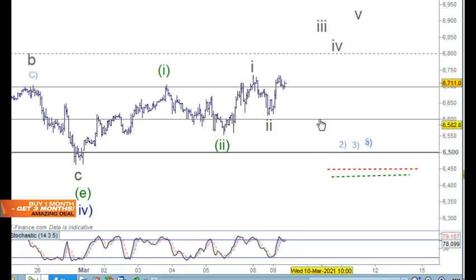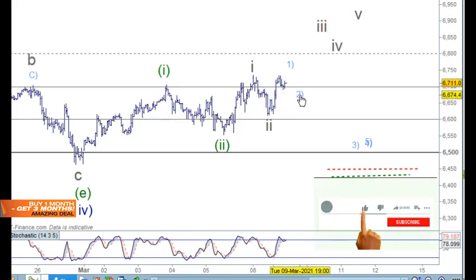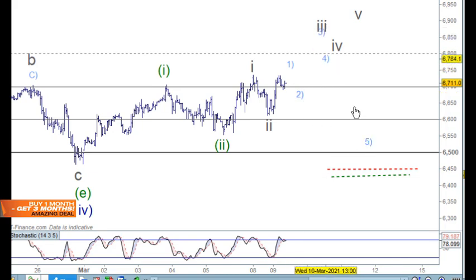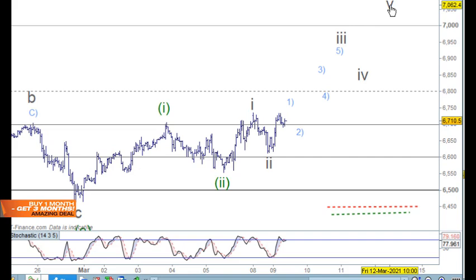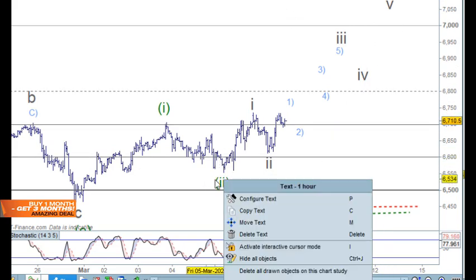We could probably put that up there somewhere, because I'm looking at 1 and 2 here, 3, 4, and 5 up here. So 1 and 2 to come in play here, and then we'll go for 3, 4 and 5, third wave, fourth wave, and fifth wave up here somewhere to make the third wave up here.